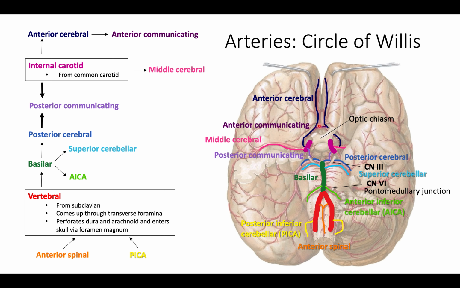Then we've got anterior communicating, and it's communicating between these branches of anterior cerebral. Anterior cerebral meets up with the internal carotid, and that's what this artery is right here in that fuchsia color. And remember, internal carotid came from common carotid.